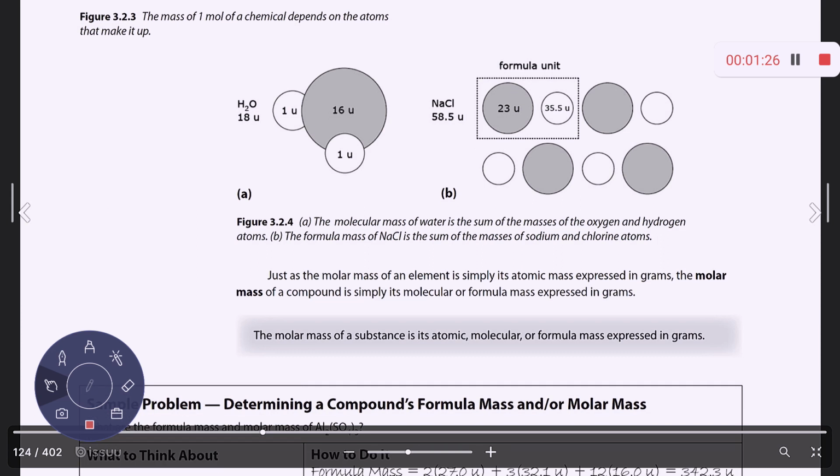And then when we're talking about ionic compounds, they arrange their ions in unique crystal structures. And the simplest ratio of those ions in the crystal structure is called the formula unit.